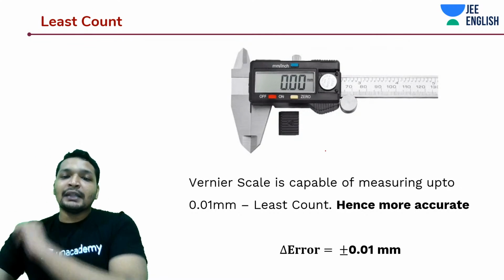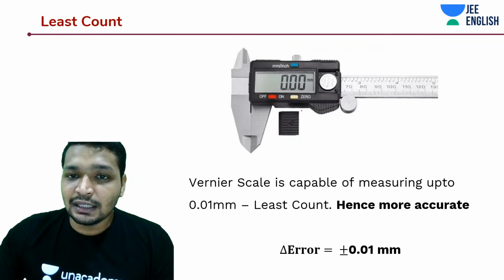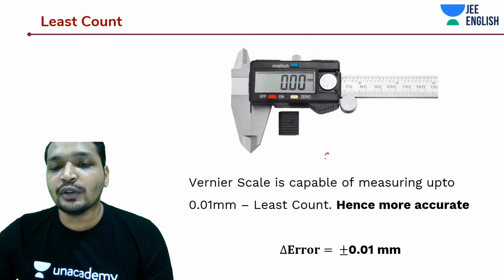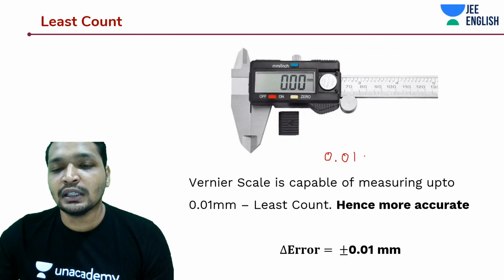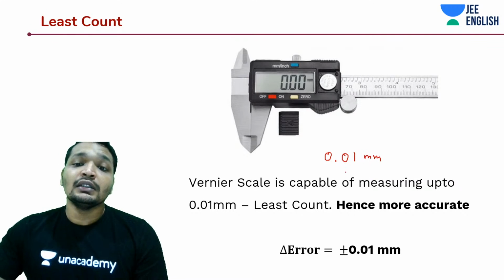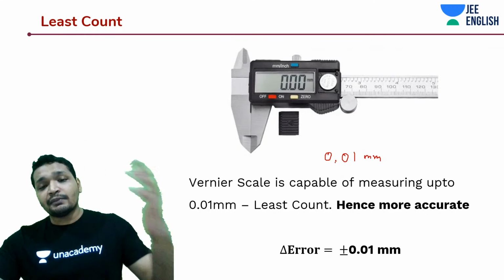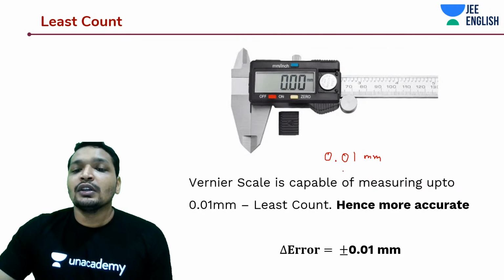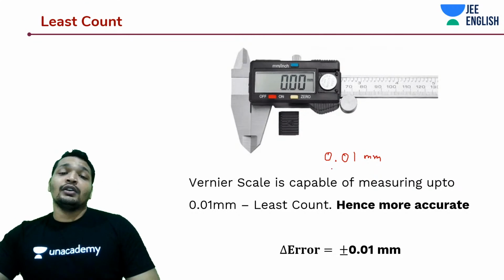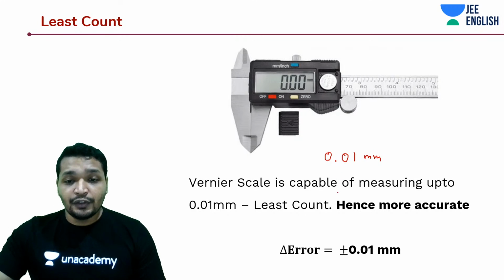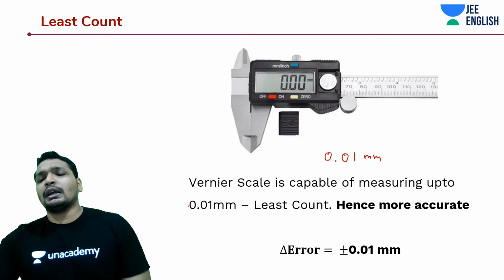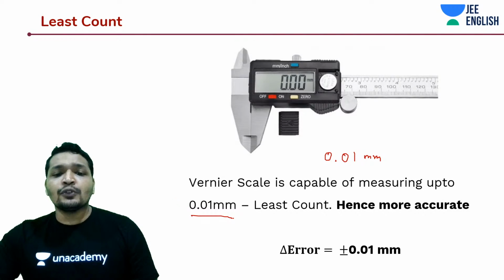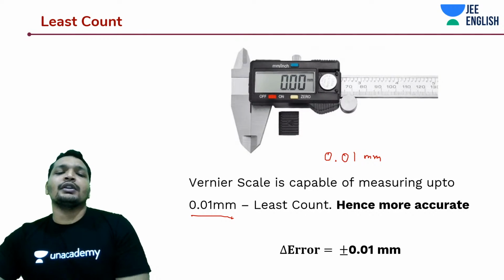But let's say I'm dealing with the vernier calipers, like this digital vernier calipers, which can measure up to 0.01 millimeter. That means it is 100 times more accurate, 100 times more precise than what that meter scale can give you. So vernier calipers is capable of measuring up to 0.01 millimeter accuracy.